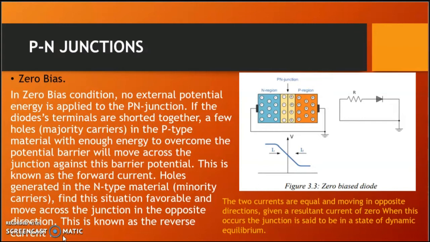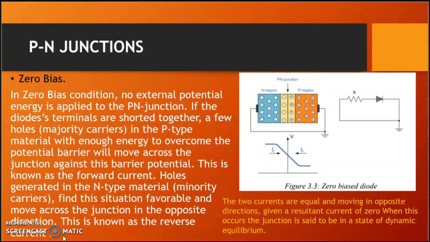What do I mean by shorting the diode? In basic electronics, when we talk about shorting a circuit or a diode, we mean we are just connecting a wire to it. We assume this wire has theoretically zero resistance, so it is not causing any resistance to this diode. So we just short the n-type terminal and the p-type terminal together.